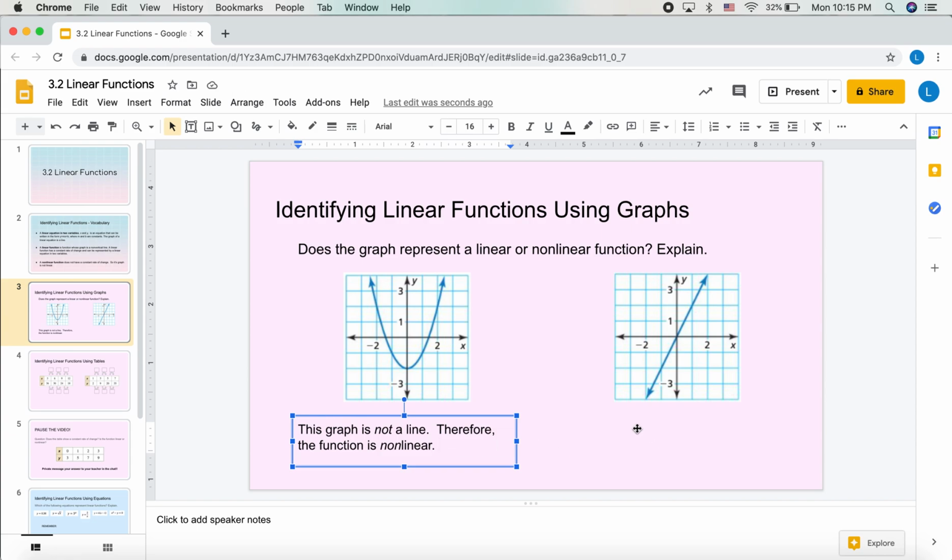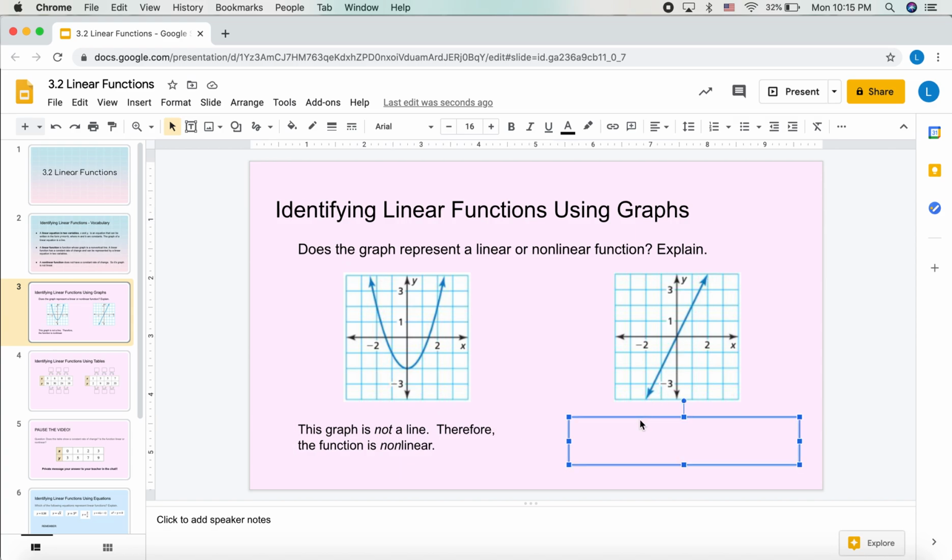All right. Now looking at this second graph, we see that this is a pretty obvious line, and it is a pretty obvious non-vertical line. So because this graph is a line, then the function is linear.